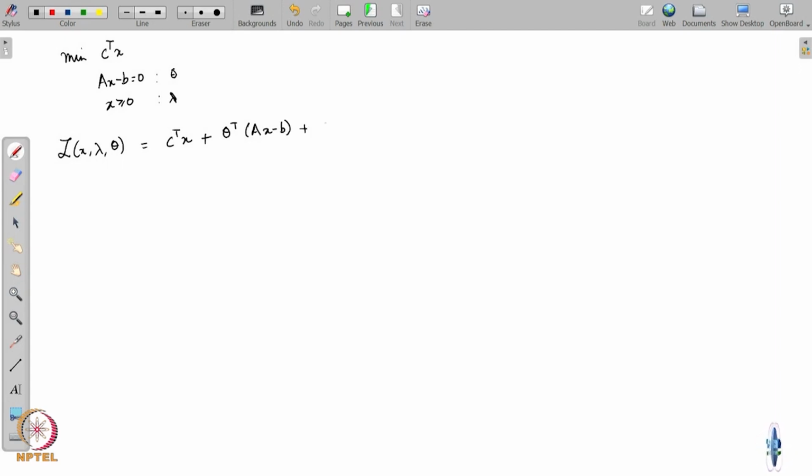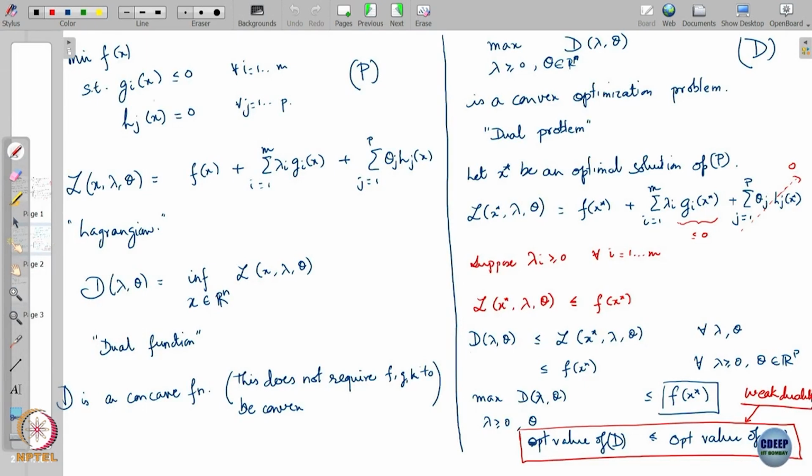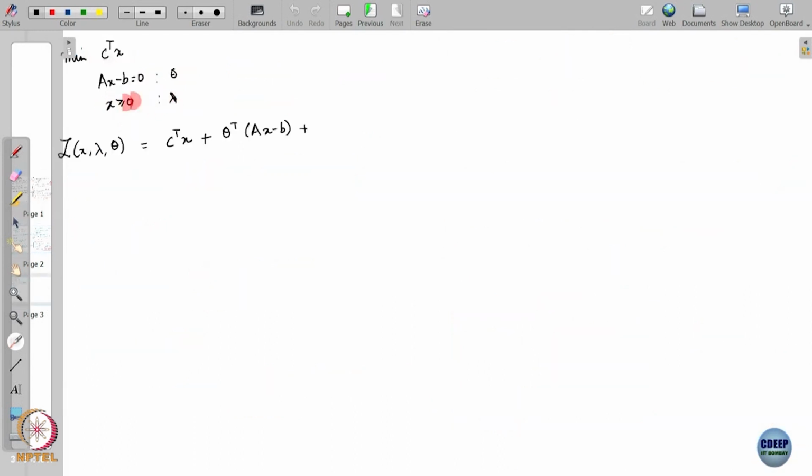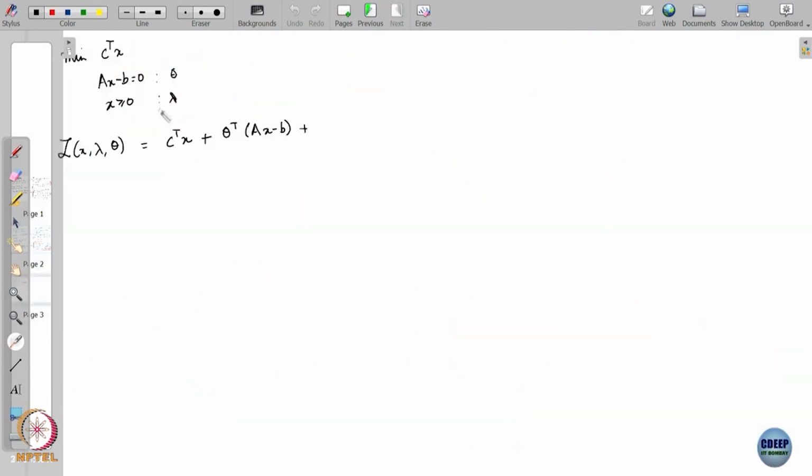Now, if you go back to this problem, I wrote it with less than or equal to type constraints, whereas here my constraints are of the greater than or equal to type.